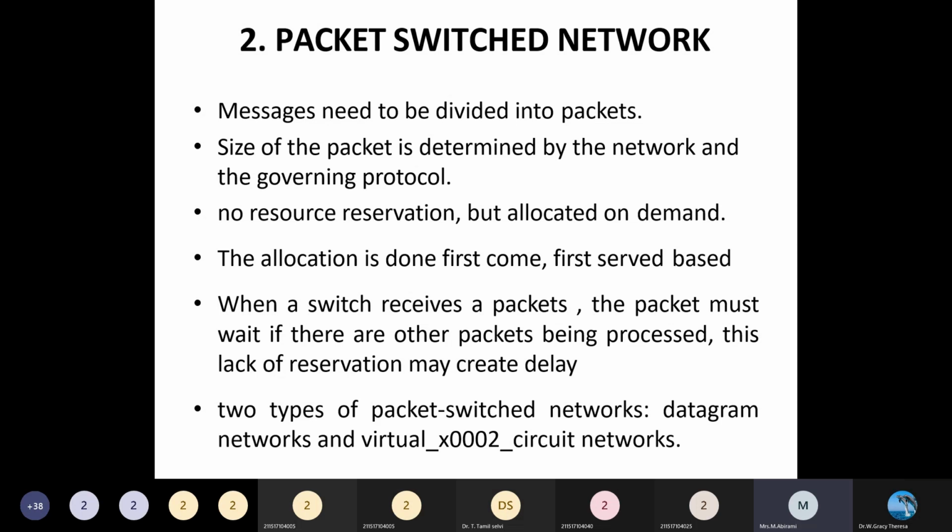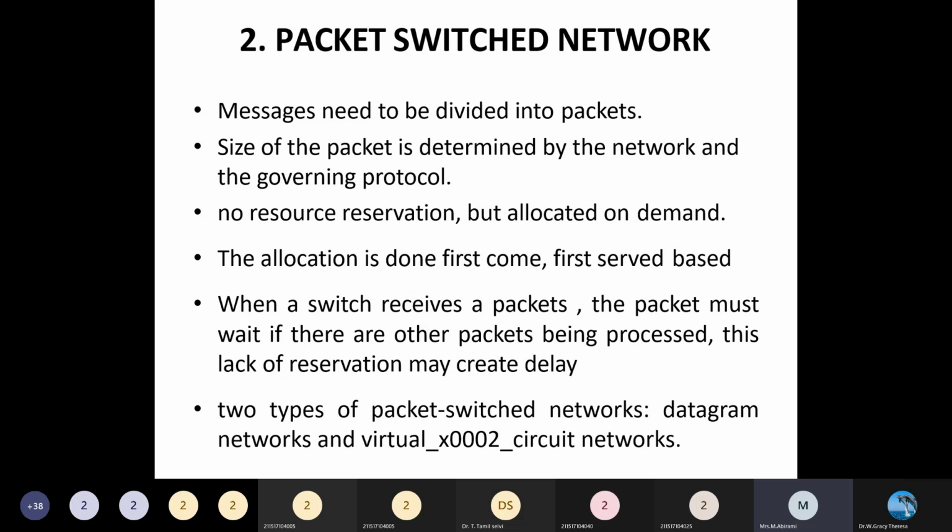The packet is composed of payload and various control information needed to send the data. The allocation of the data is first come, first served.